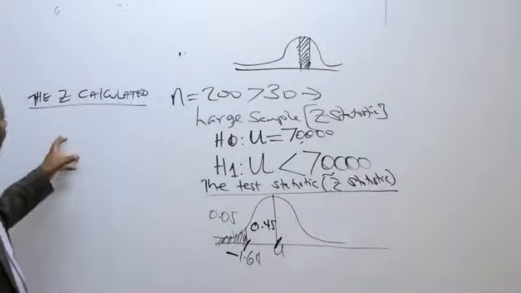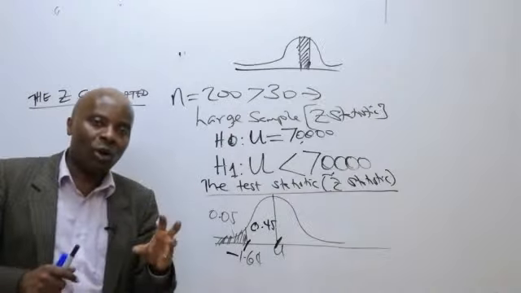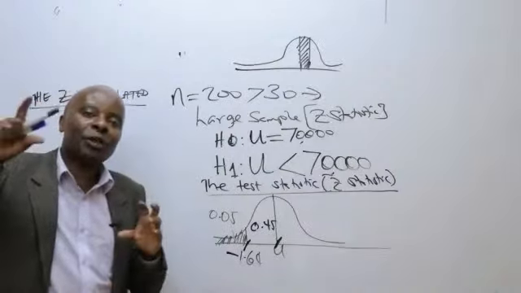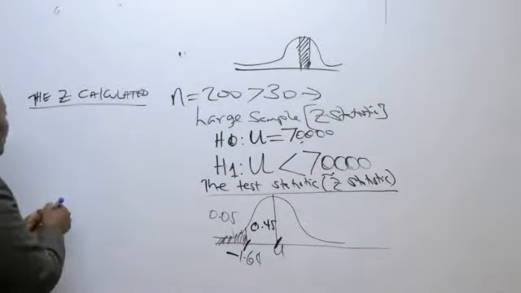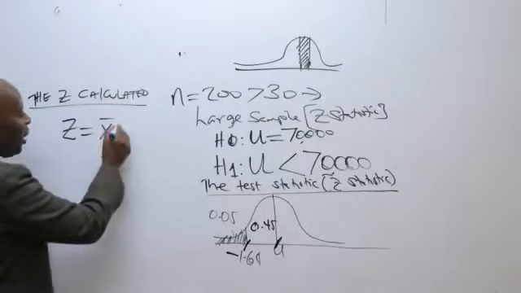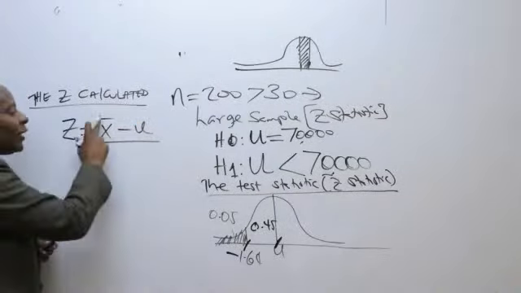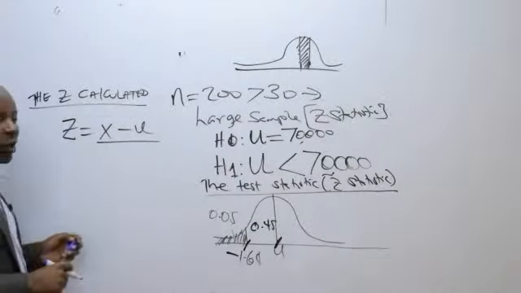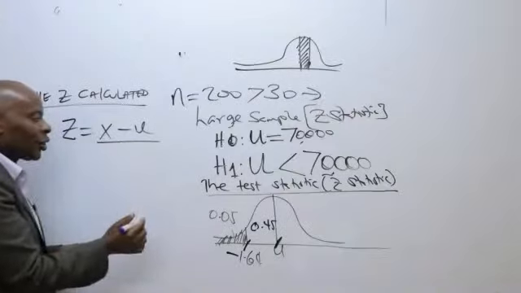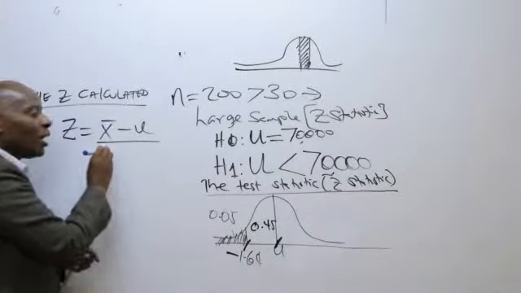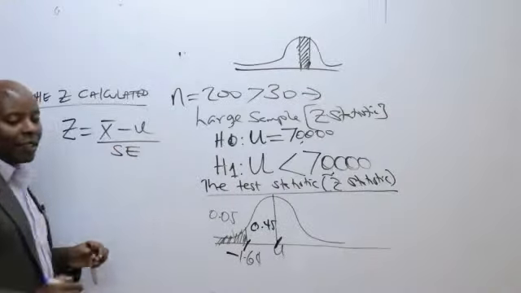Now we come to the last thing here, which is the Z calculated, where we shall be comparing our sample mean and the population mean. Our Z calculated will be equal to X bar minus mu divided by the standard error. For X minus mu, we normally divide by standard deviation, but the moment you say X bar, where you are subtracting the 2 means, then down here you must use what we call the standard error.